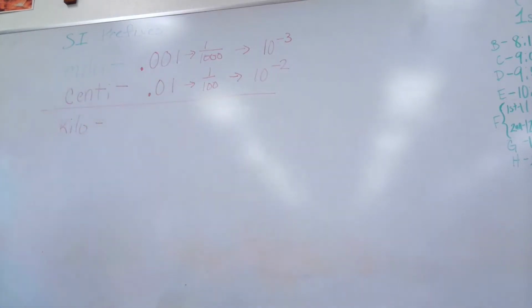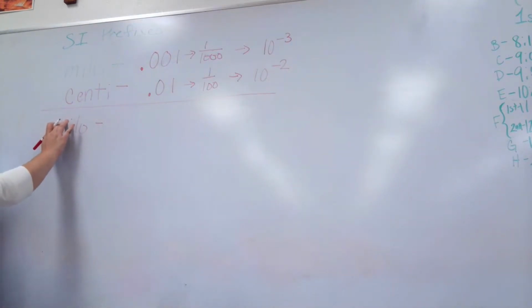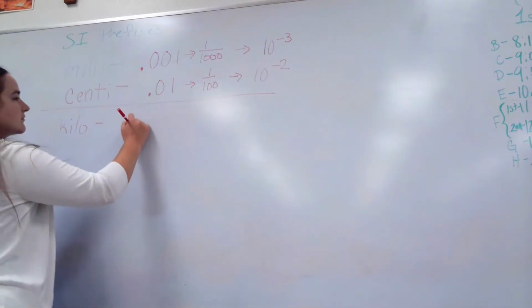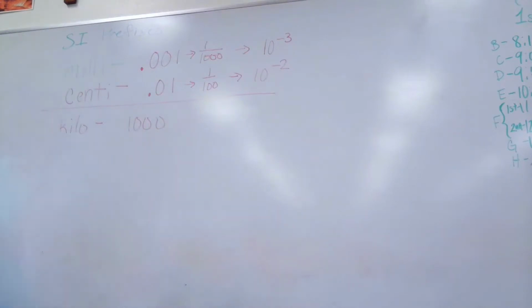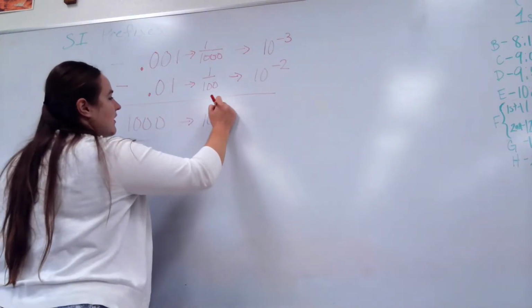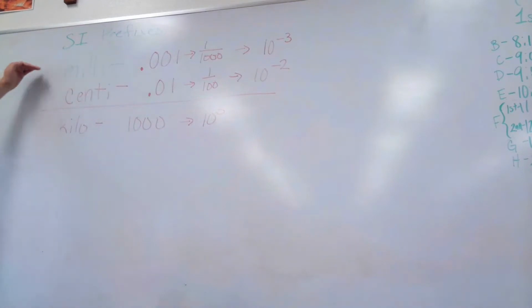Kilo is going to be 1,000 of something. Since it's not a decimal, we're not going to have a fraction. And this is 10 to the positive third. So milli is 1/1000. Kilo is 1,000 of these things. So 1 kilometer is 1,000 meters. Good?